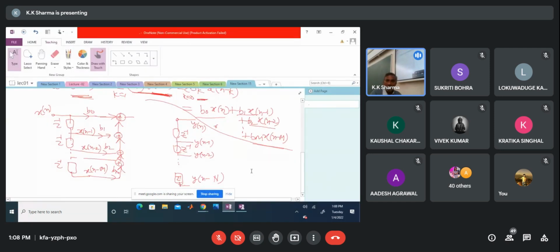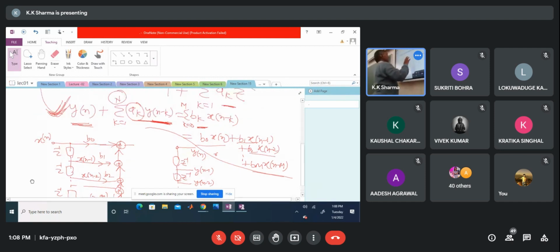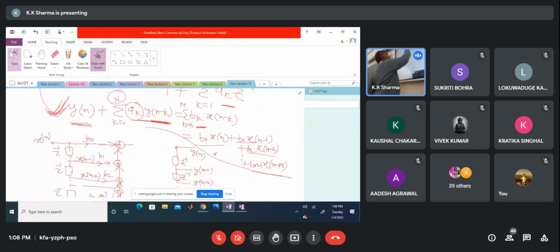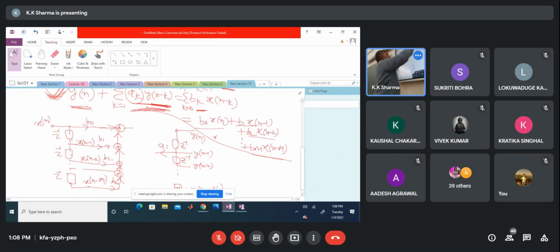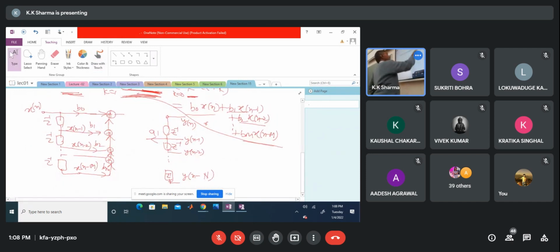Is it clear? We are passing the input through delay elements. We are also passing the output through delay elements. Now you see here, I need to multiply my output samples by A1, A2, etc. So I will multiply y of n minus 1 by A1, y of n minus 2 by A2, and similarly the last element will be multiplied by AN.